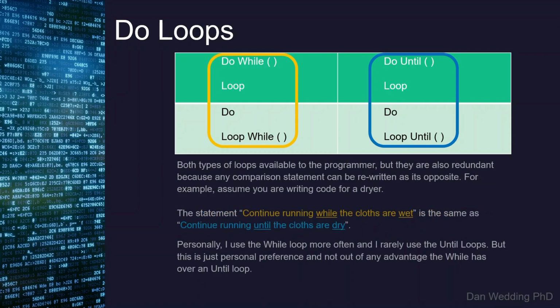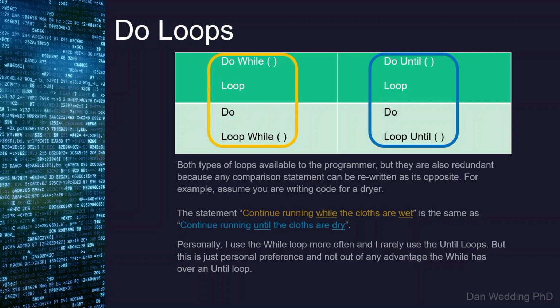Both types of loops are available to the programmer, but they are also redundant because any comparison statement can be rewritten as its opposite. For example, assume you're writing the code for a dryer. The statement, continue running while the clothes are wet, is the same as continue running until the clothes are dry.